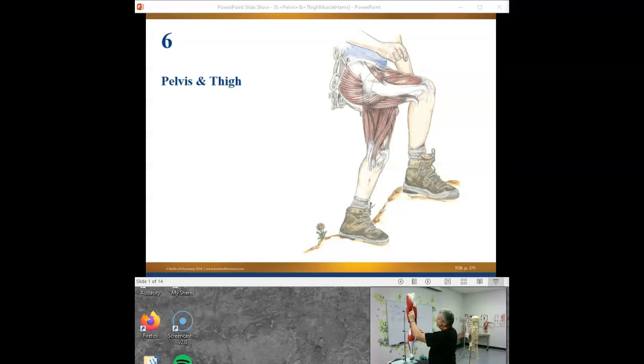The semitendinosus actually comes down behind the knee and wraps into the medial proximal shaft of the tibia. That's the semitendinosus. The semimembranosus, by the way, just comes down to this condyle down here, but it wraps around behind. So you could actually rub this on somebody and then work your way up.